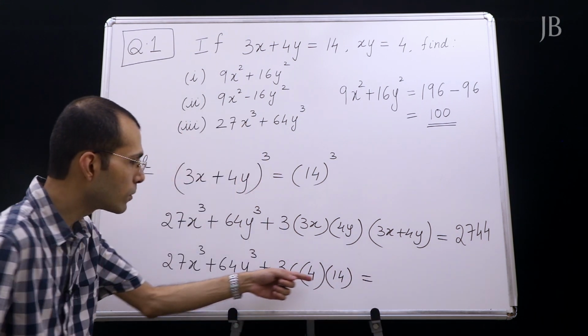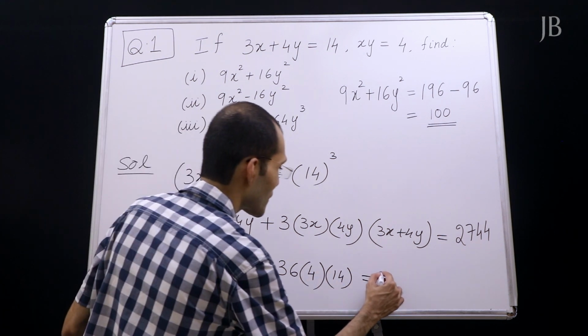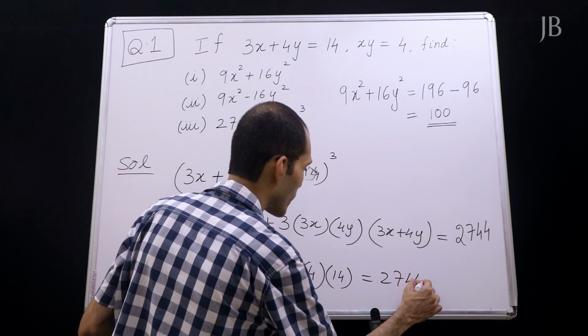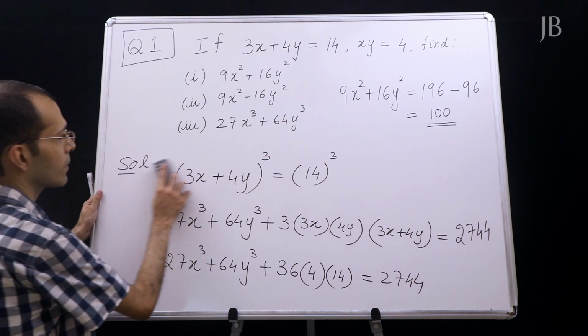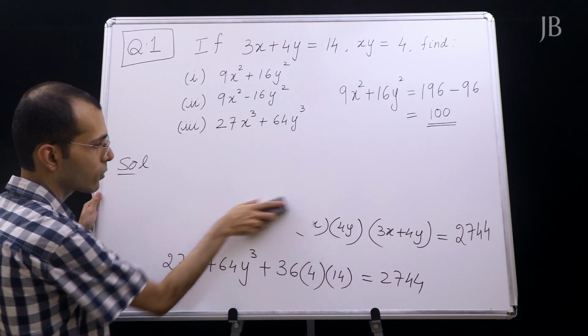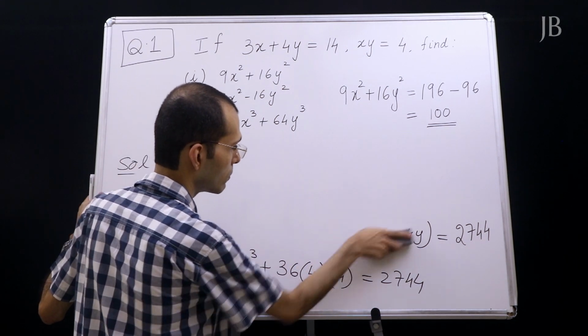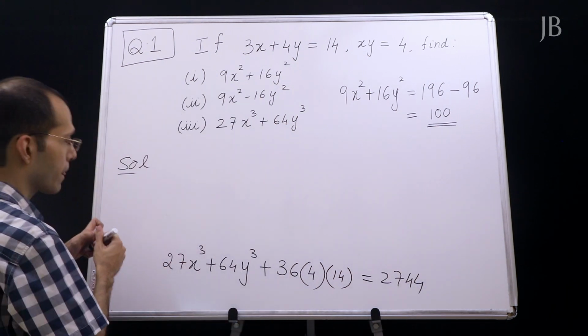Now this you have to multiply, a big thing, and keep it ready. 2744. Okay, we are nearing the completion. So 36 into 4 into 14 is what you have to multiply. And tell me.